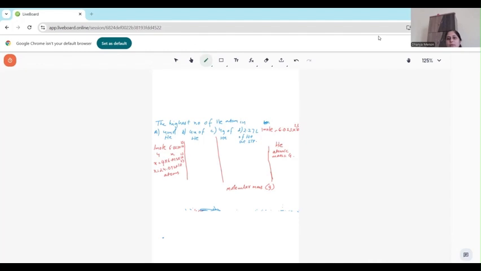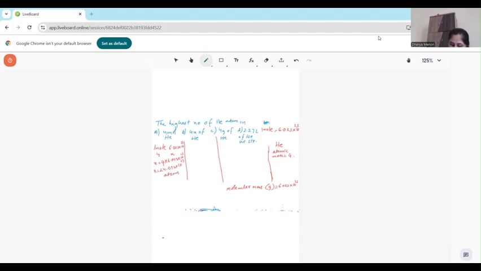Now students, please remember this information. Whenever molecular mass is given in grams, it contains 6.023 times 10 raised to 23 particles. That's the Avogadro number of particles.